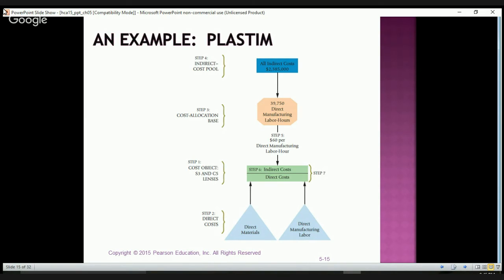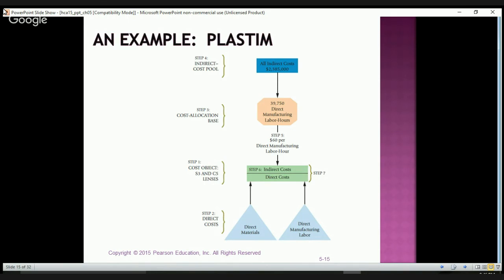If you're using multiple bases, you'll separate the costs to be allocated into separate pools for each base. Plastim only uses one allocation base, which necessitates having only one cost pool. The estimate of their indirect cost is $2,385,000.